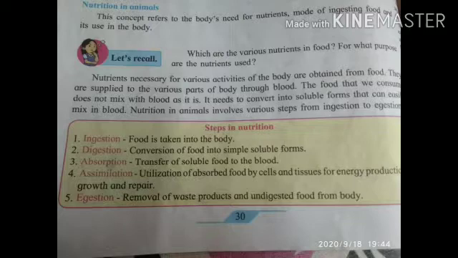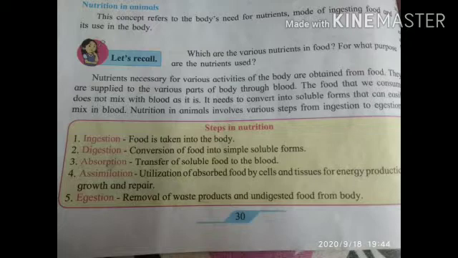There are five steps in nutrition. First one is ingestion. Ingestion means intake of food into the body. Second is digestion, conversion of complex food into simple soluble form. Third is absorption, taking in of soluble nutrients into the blood.